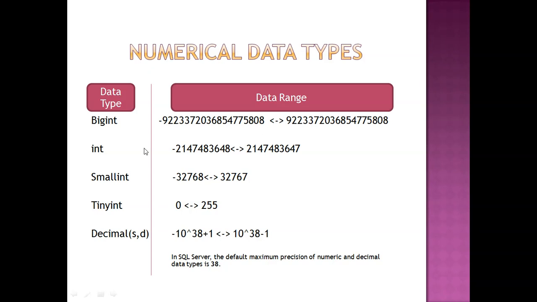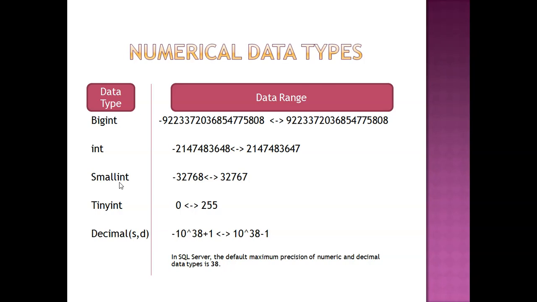The second is only int, so I can enter approximately 214 crore, minus and plus, right? It's a range limit. If I define my data type as smallint, then the limit is minus 32,768 to 32,767 plus.